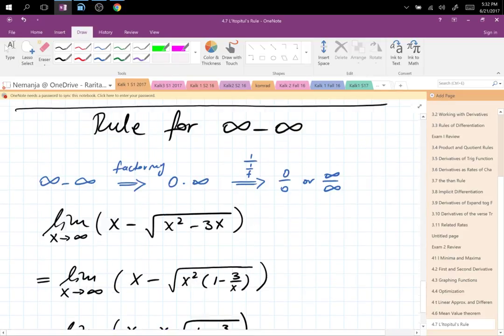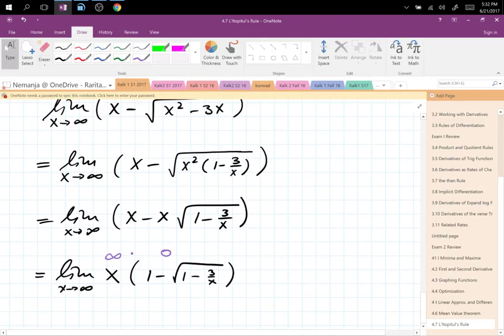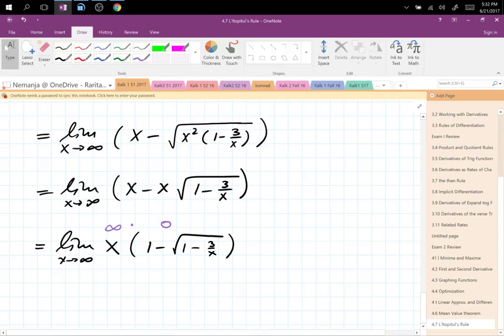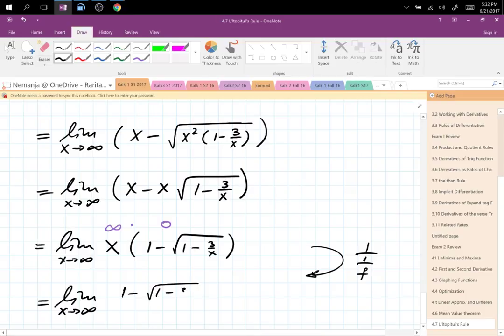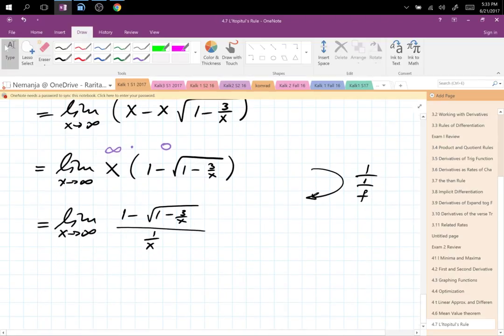So we started with infinity minus infinity, and now we are at the situation infinity times 0. All right, so we know that we are supposed to use the rule here to change this one into division. So 1 minus the square root of 1 minus 3 over x, divided by 1 over x. And now when you test this, it's 0 over 0.